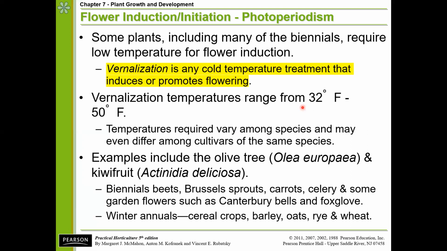I also mentioned that for most of our biennial crops, we're not really going for that anyway. We don't care about the flowers. We want the vegetative production for things like beets, Brussels sprouts, carrots. Really, the crop would be ruined if we let it flower.